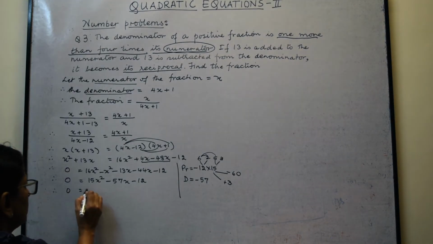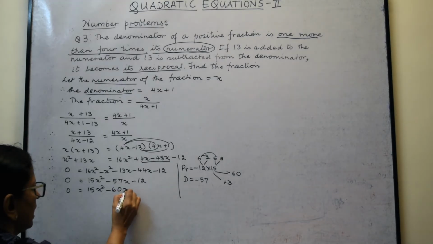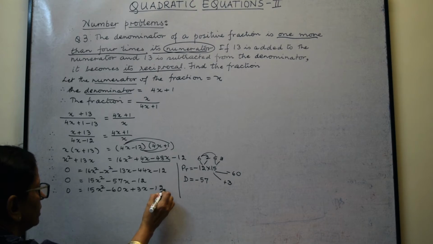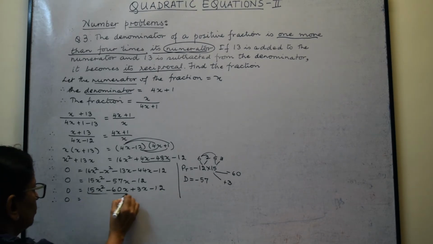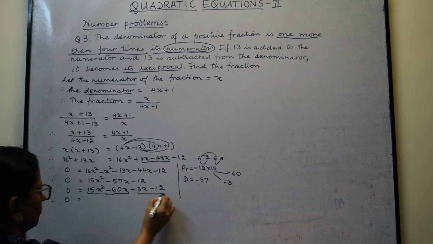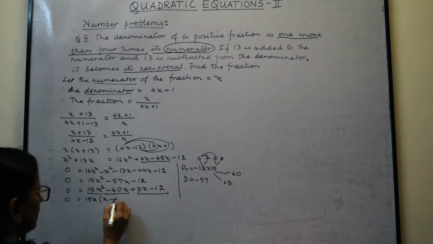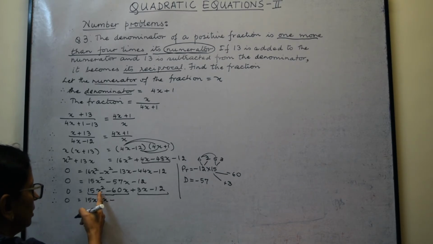So you get 0 equal to 15x squared minus 60x plus 3x minus 12. And therefore you will have 0 equal to, now we'll group these. And this will give us 15x dividing both. Here 15 is common, x is common, so 15x we've written here.